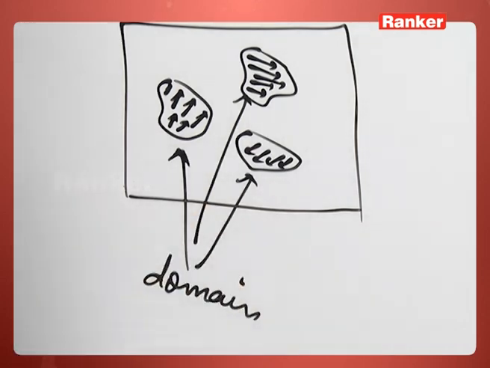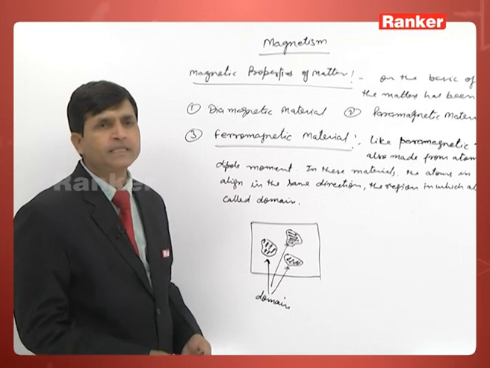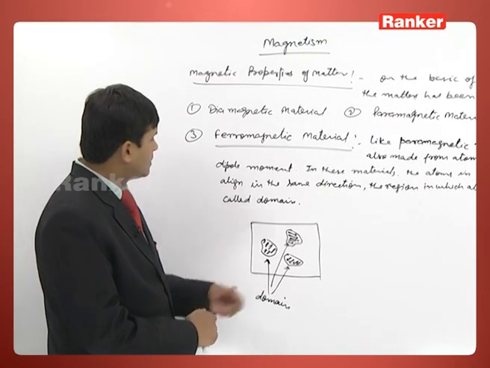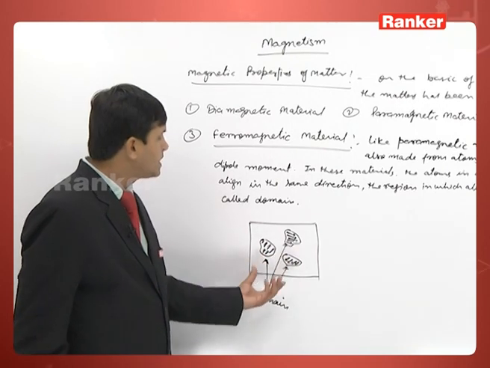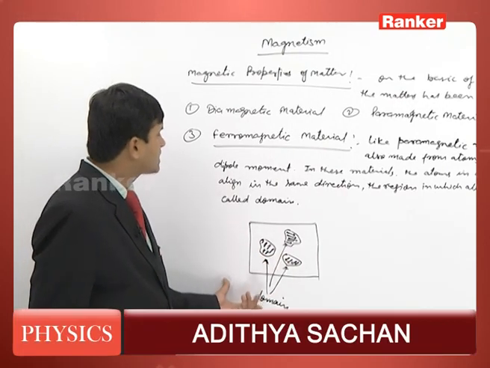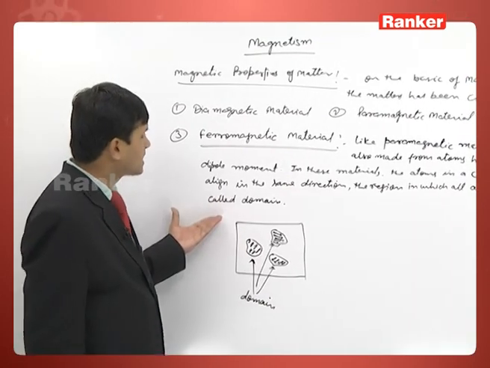But in the paramagnetic material, what we found, there was no such region in which the dipole moment of all atoms is almost in the same direction. But this is the characteristic we found in ferromagnetic materials.